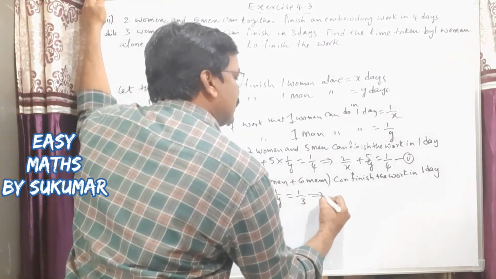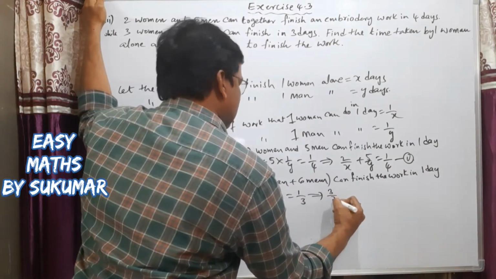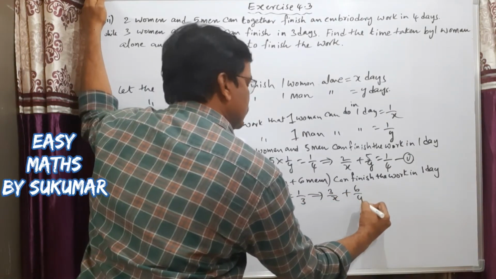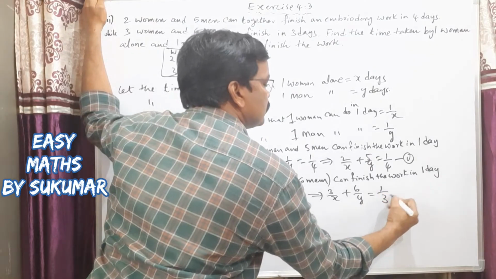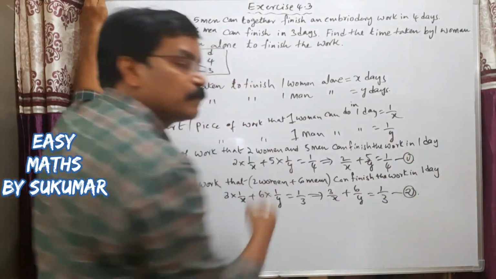So this implies 3 by x plus 6 by y is equal to 1 by 3. This is equation number 2.